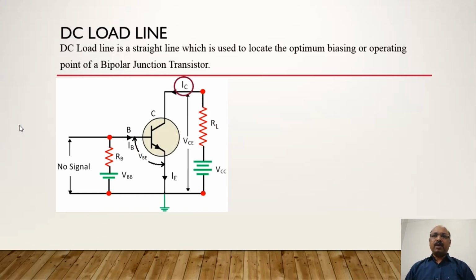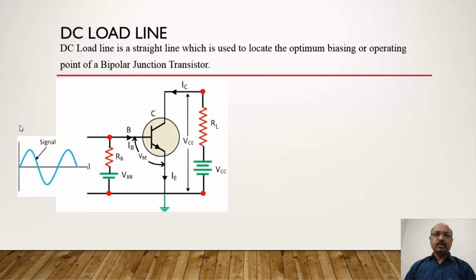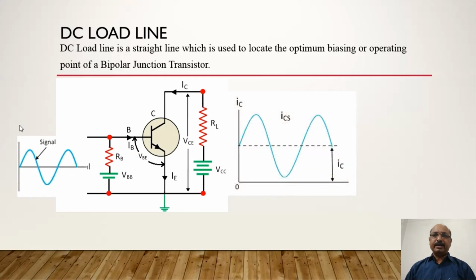Now we want to amplify the weak input signal faithfully. Faithfully means amplification of the input signal without any distortion. If we apply any input signal here, then we want the amplified signal without any distortion.